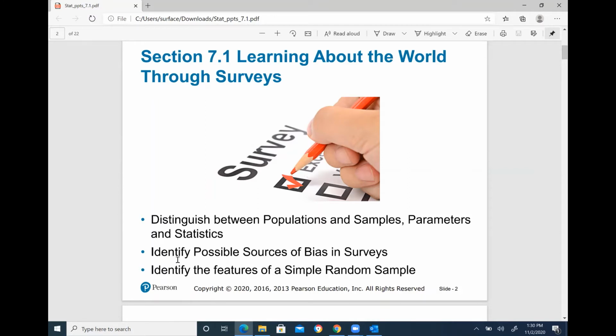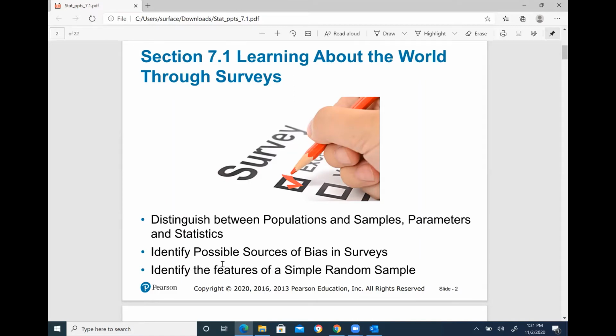And we will learn how to identify possible sources of bias in surveys. This topic is not necessary on the test. However, you should know what it looks like and how we figure out bias. We also identify the features of a simple random sample.